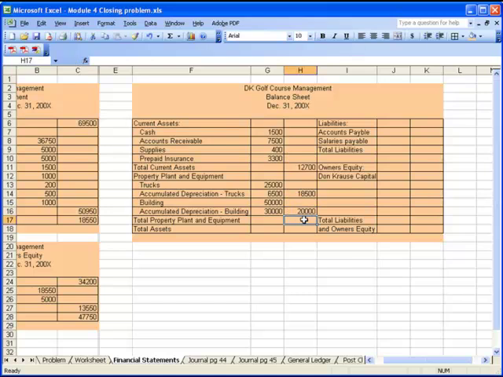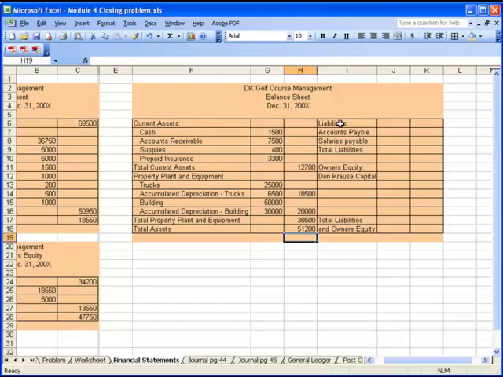Our total property, plant, and equipment is the book value of our two assets here, which is $20,000 for the building and $18,500, or $38,500 total property, plant, and equipment. And my total assets is equal to my total current assets plus my total property, plant, and equipment. My total assets, $51,200.